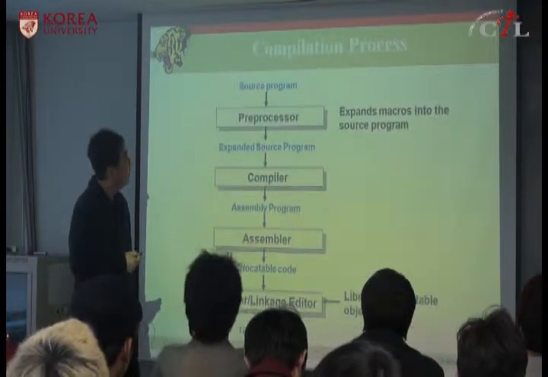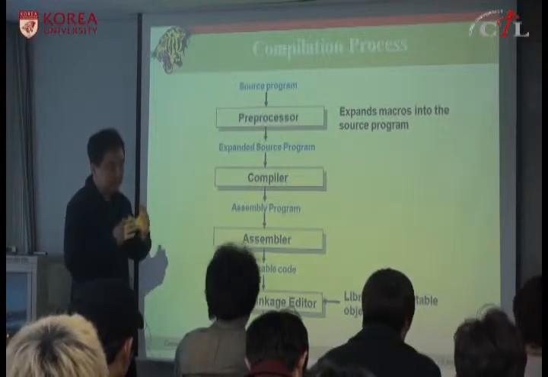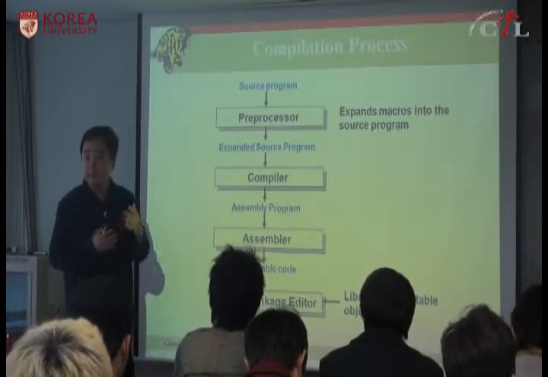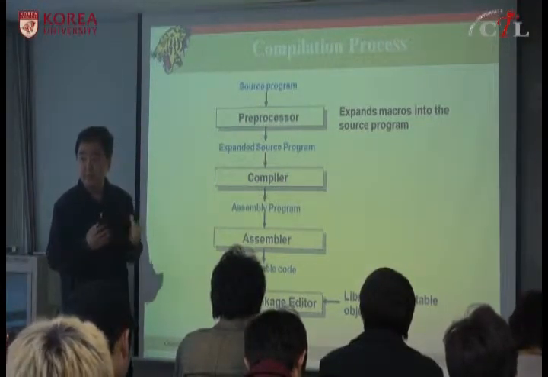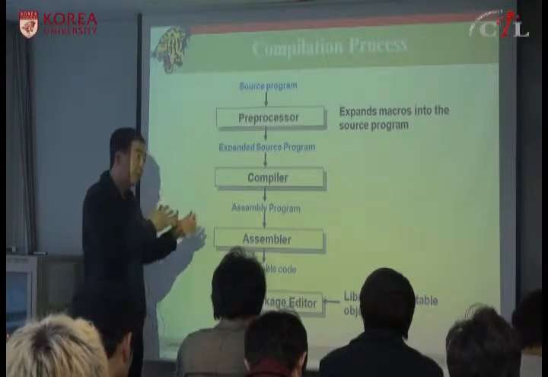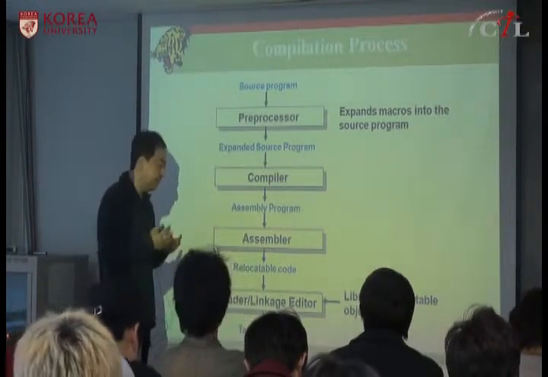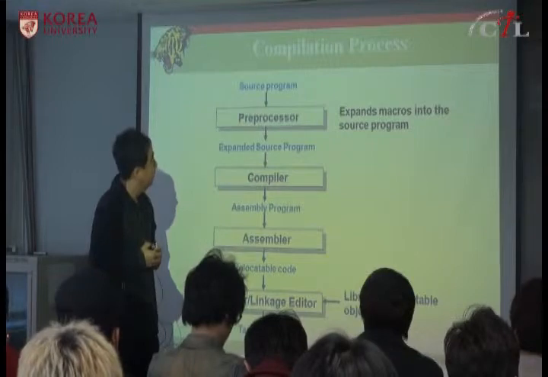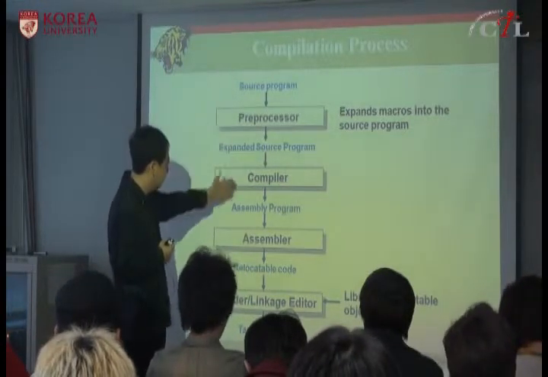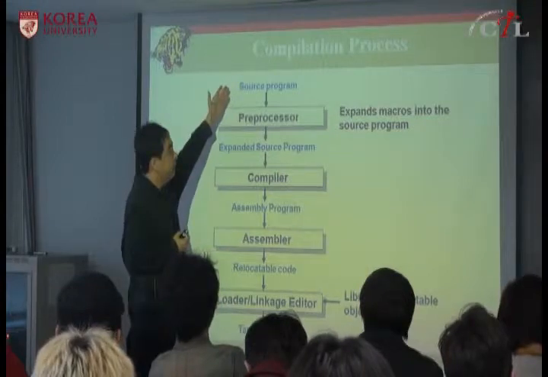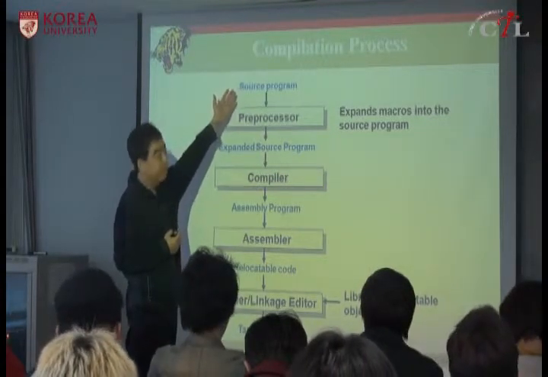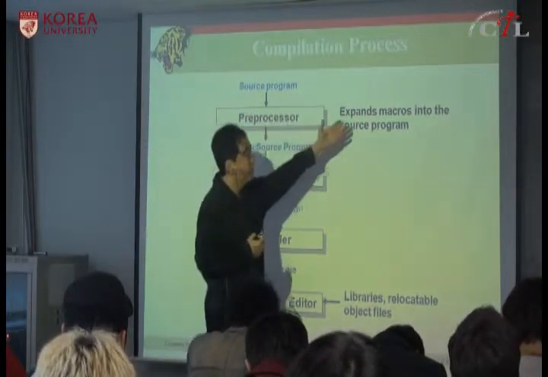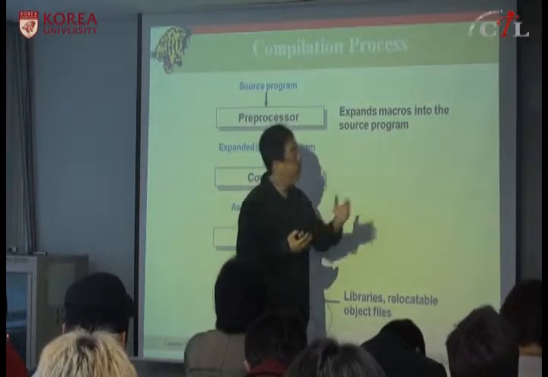Let's look at the compilation process briefly. We'll study this process in more detail in the next topic, which is linking. Linking means we are trying to link multiple programs, multiple object files, into a single executable file. The compilation process usually involves these steps. You write a program in C or C++, and using the preprocessor, you expand macros such as #define or #include.